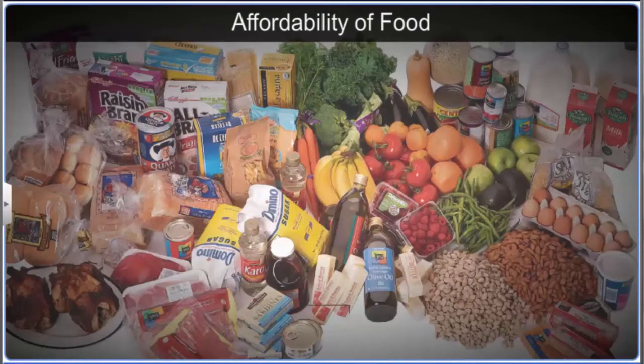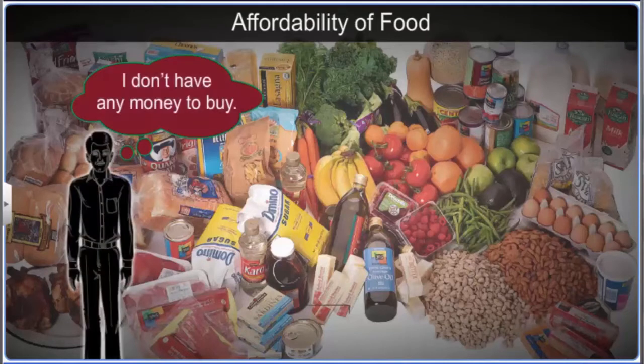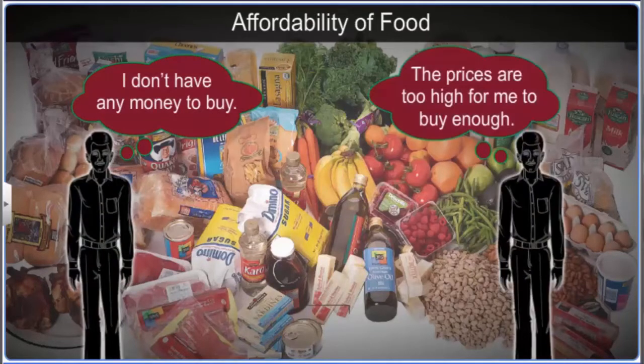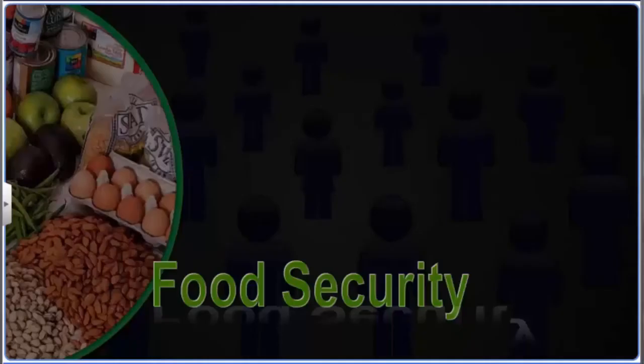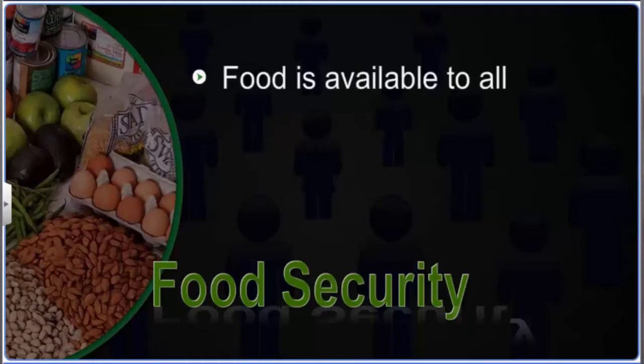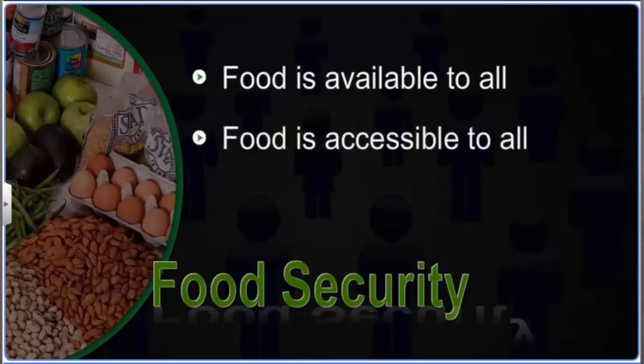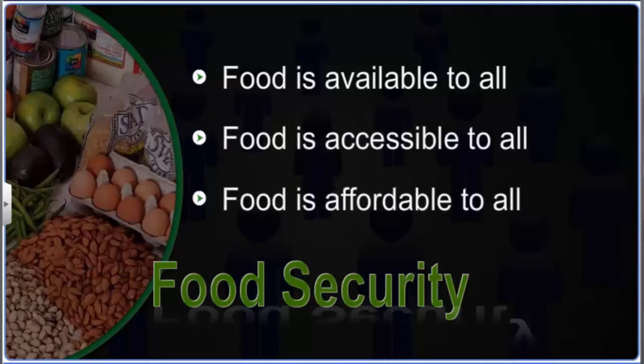The capacity to buy food depends on the financial state of a person and the prices of food. Thus, food security exists when there is enough food available for all, the available food is accessible to all, and everybody can afford to buy sufficient food.